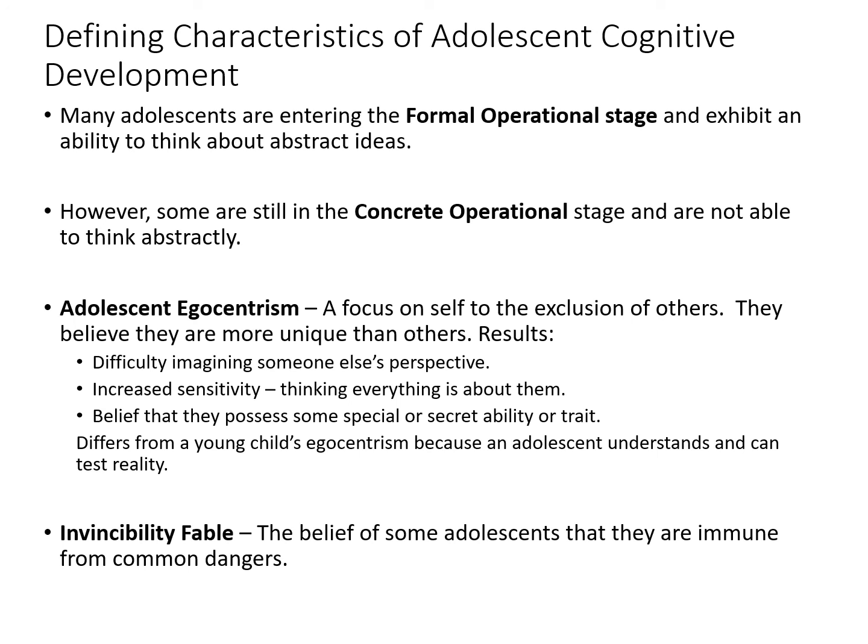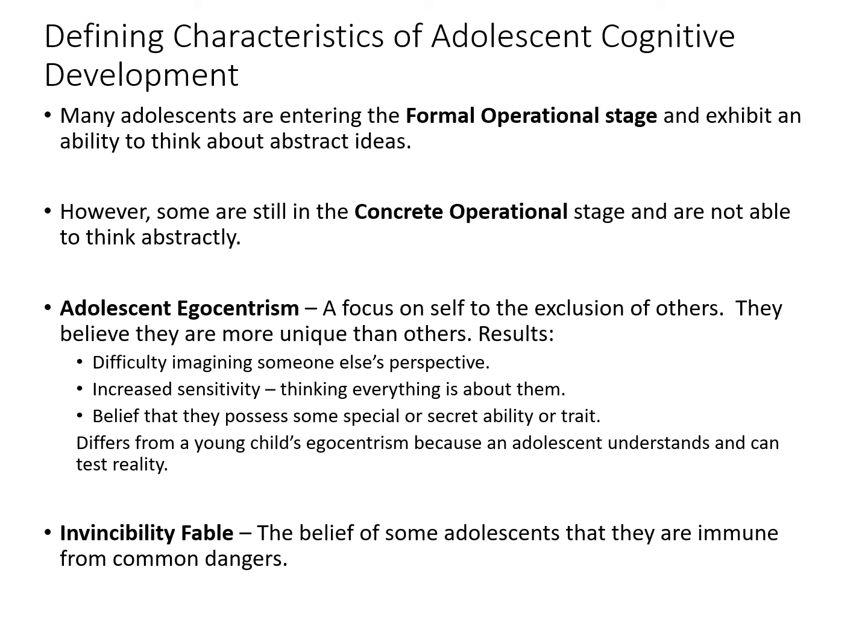Adolescent egocentrism is the idea that adolescents focus on their self to the exclusion of others. Sometimes they believe they are more unique than others. The results of this are startling at times. For example, they may have difficulty imagining someone else's perspective. They may seem very selfish in this way. They may demonstrate an increased sensitivity.